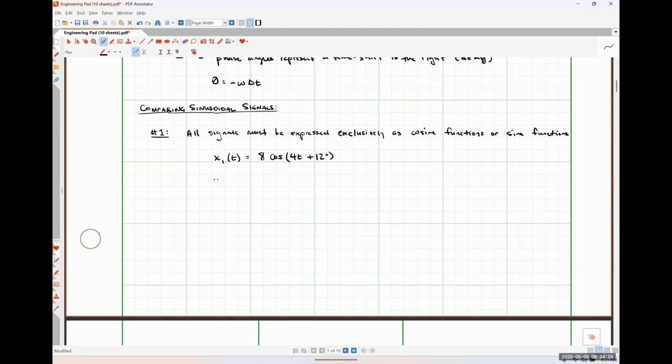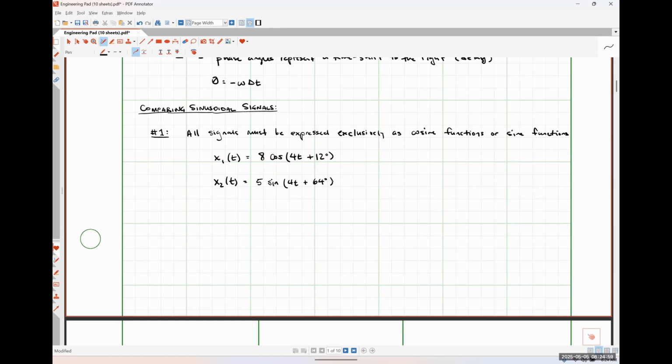And I have some signal x2 is equal to 5 sine 4t plus 64 degrees. I can't compare these signals unless I convert that sine function into a cosine function, or I could convert that cosine function into a sine function, okay?